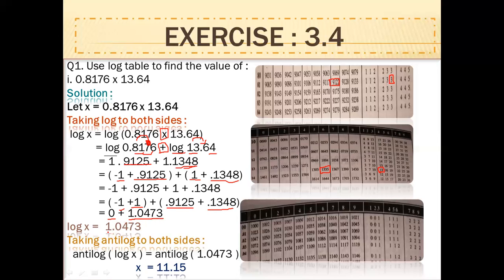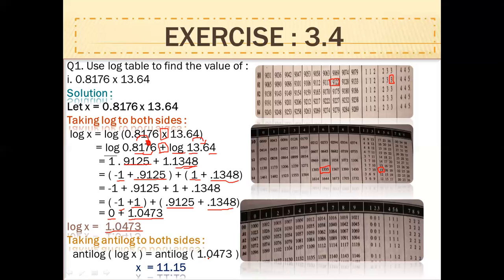If we add 0 to this number, no change will occur. Otherwise, if we have a number other than 0, definitely the number will change. Log x is equal to 1.0473. Now it is the turn of anti-logarithm.